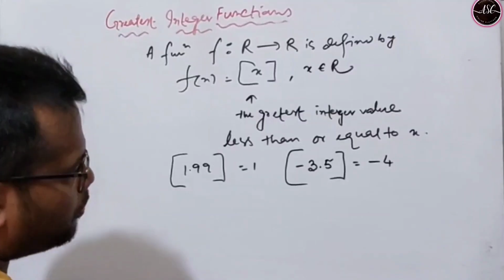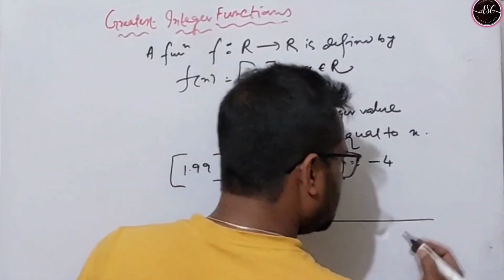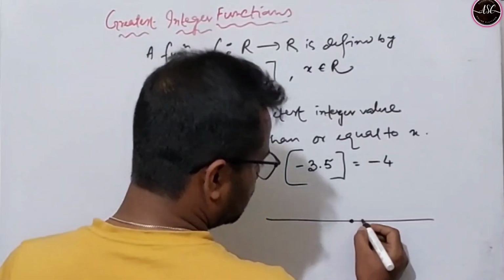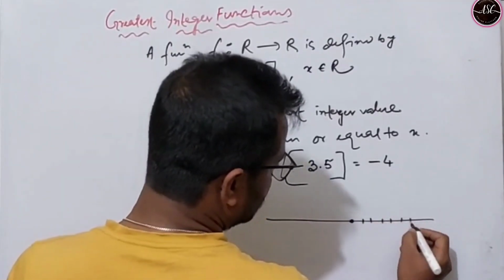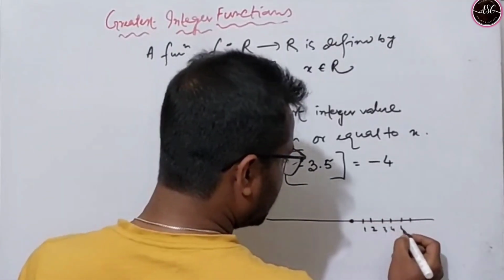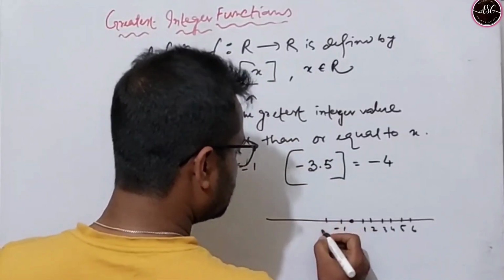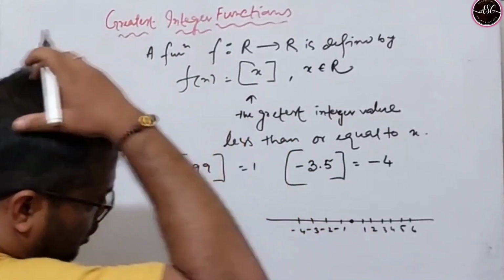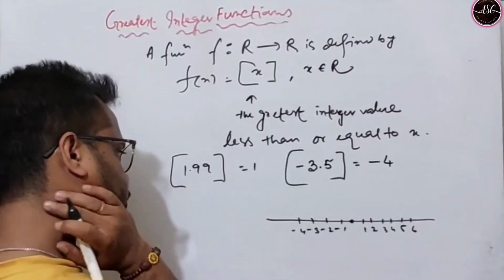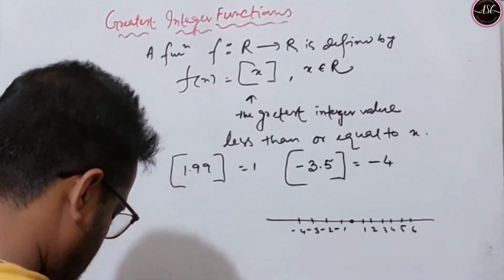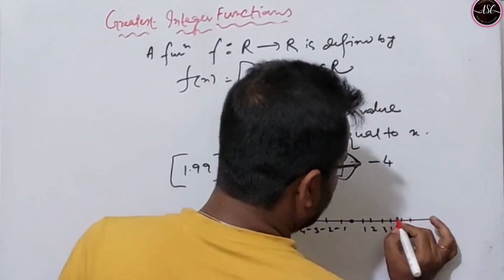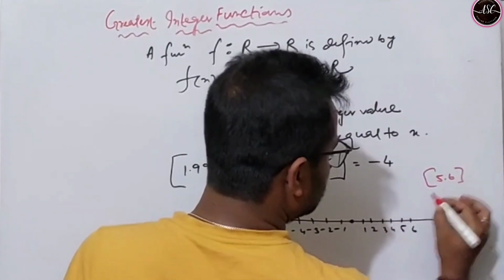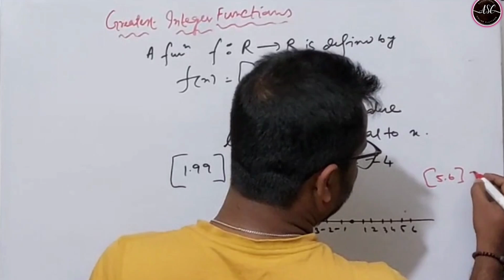If we take the greatest integer value here, 1, 2, 3, 4, 5, 6. Here minus 1, minus 2, minus 3, minus 4. Here we have a value 5.6. So the greatest integer value will be 5.